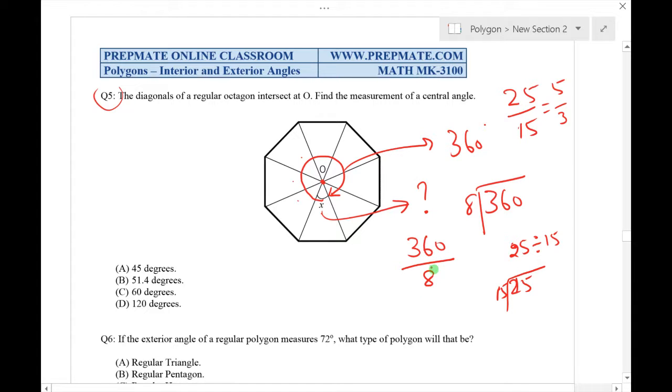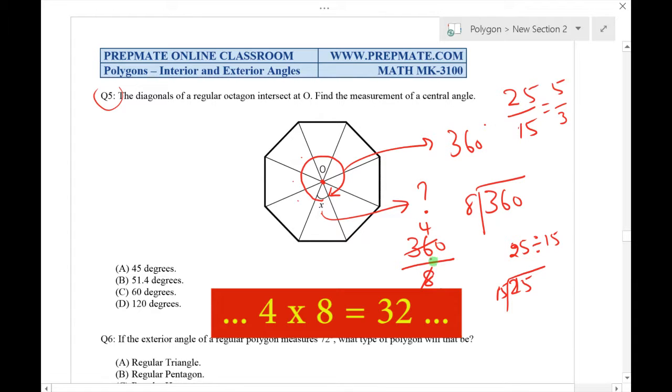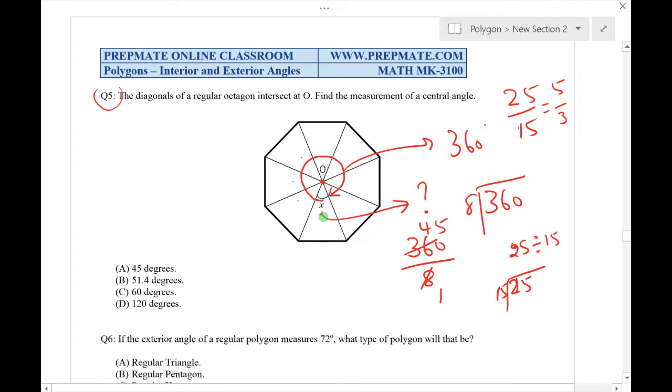So therefore, 8 divides 360: 4 8s are 32, and the carry is 4, 40, which will be 5 8s, and therefore each of the angles should measure 45 degrees. That's the correct answer.